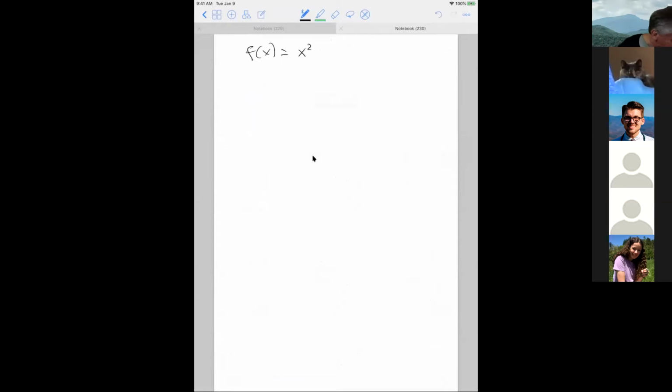Now I'm going to give you the definition here: f prime is now equal to the limit as h goes to 0 of f of x plus h minus f of x, over h. You guys do this with me now, if you would, okay? I'm going to ask you to do something very similar on the test tomorrow. Make sure you do this.